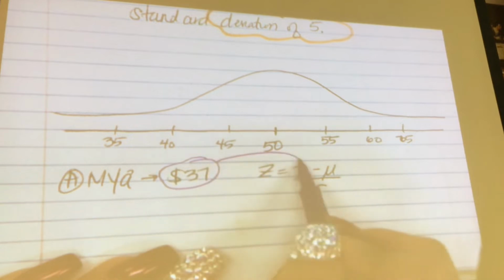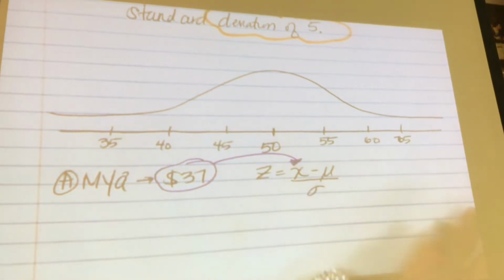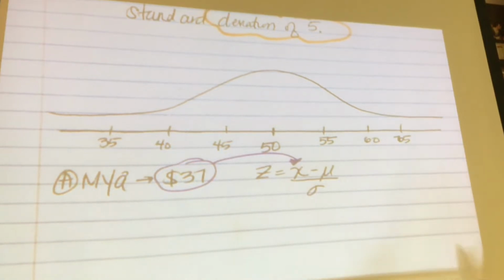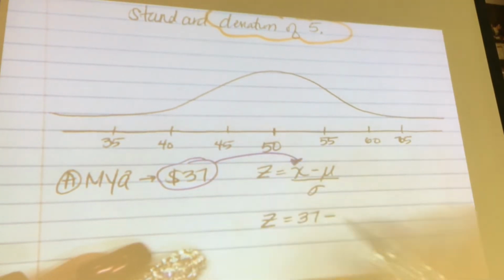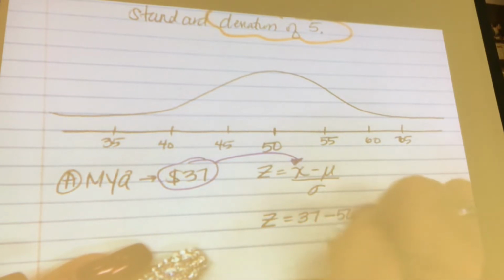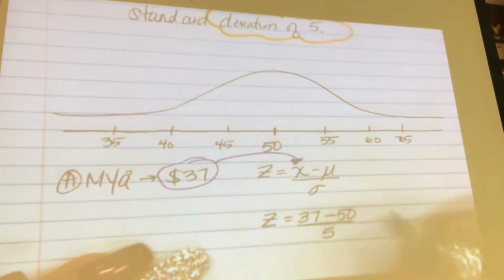This is what goes right here, because we want to find her z-score. So the z-score is going to be 37 minus the mean, which is 50, over 5.